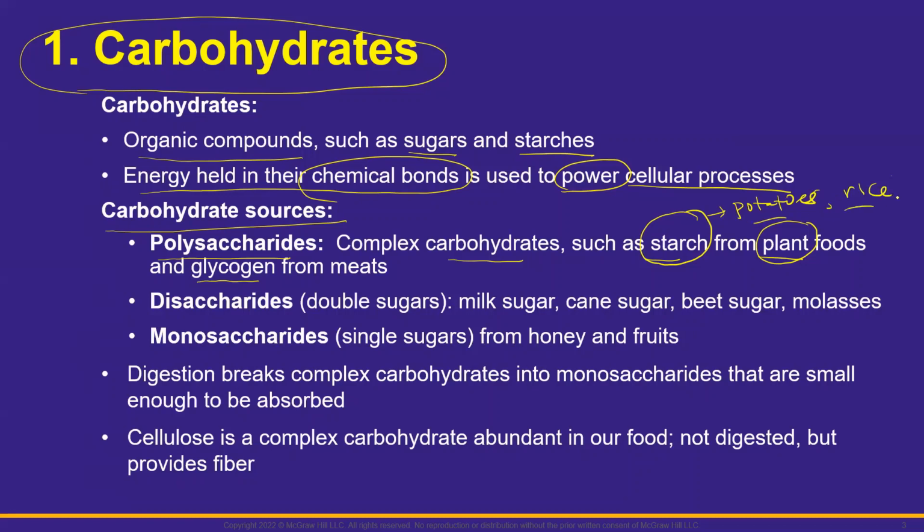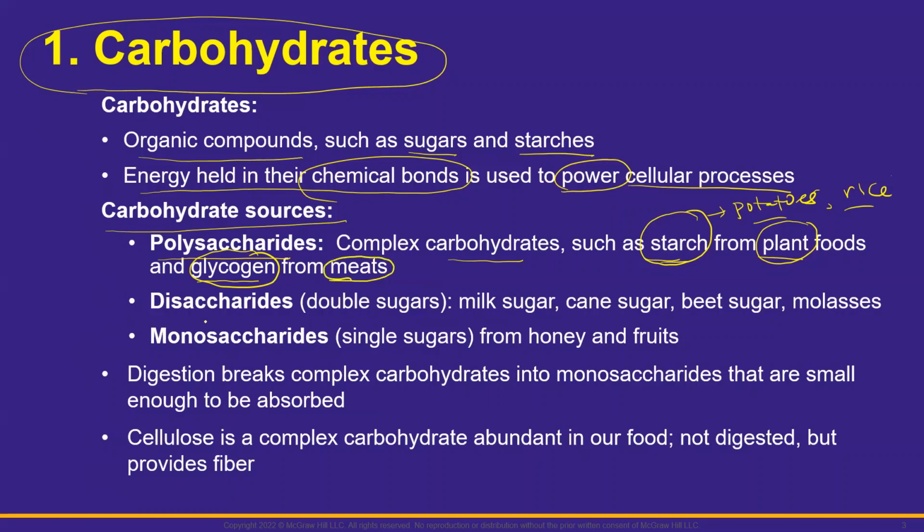They have a lot of starch because this is the carbohydrate storage in the plant. While glycogen is the polysaccharide, or carbohydrate storage, in animals. So it is in the meat.